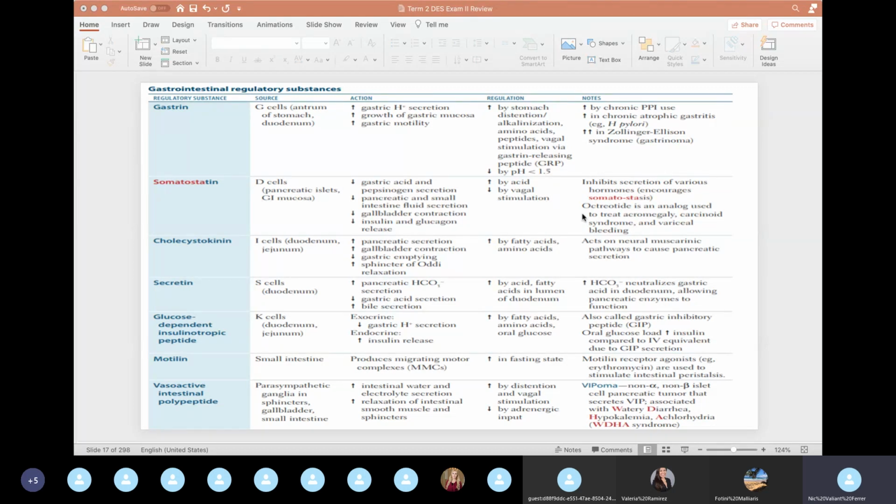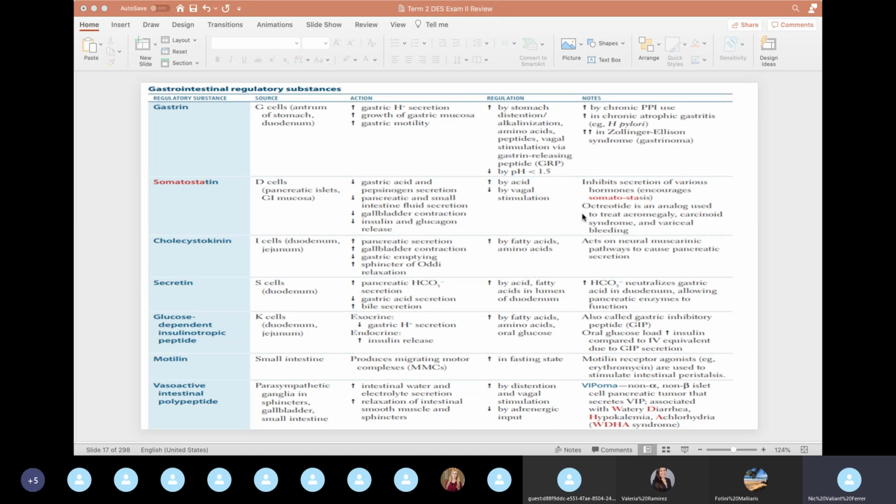Another one, aside from acetylcholine, is histamine. Histamine via what? Enterochromaffin-like cells, right? Which induces your parietal cells to also increase your secretion of H+.